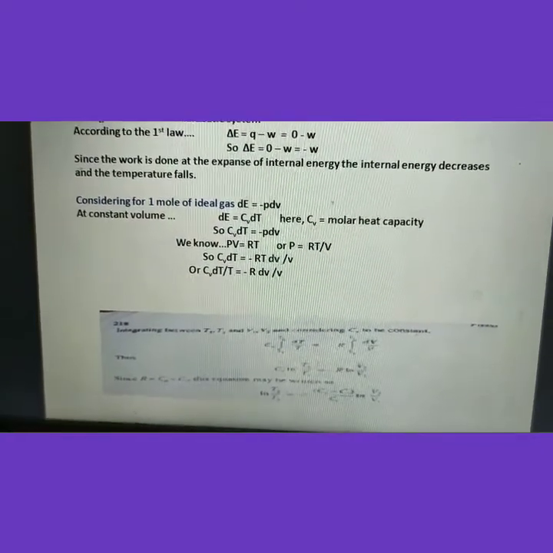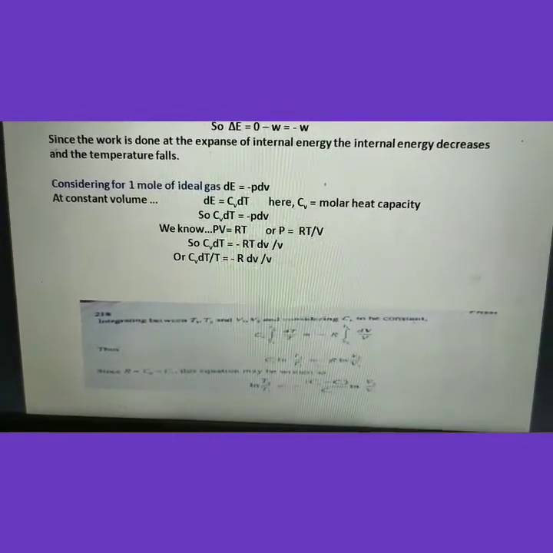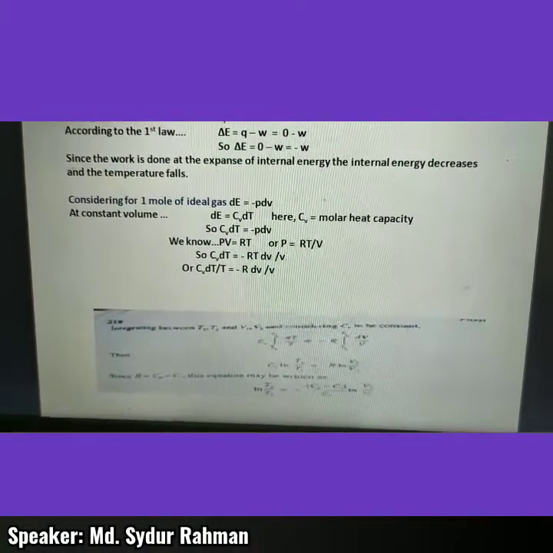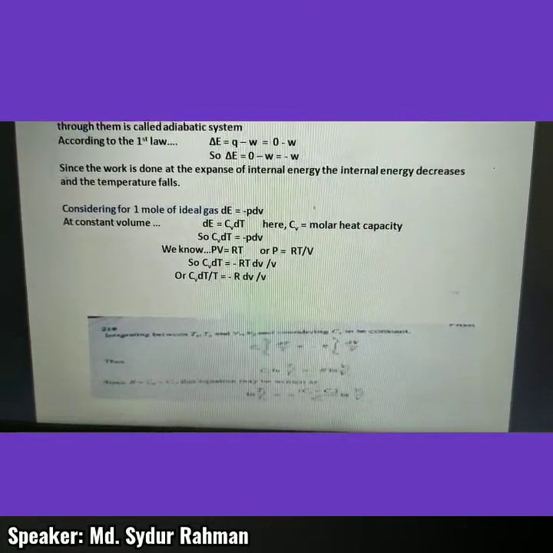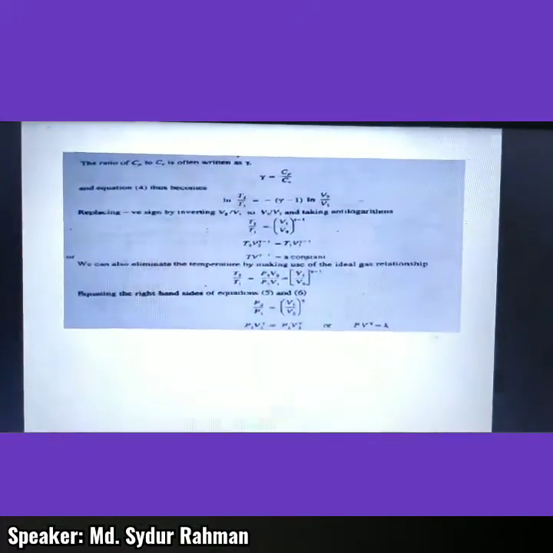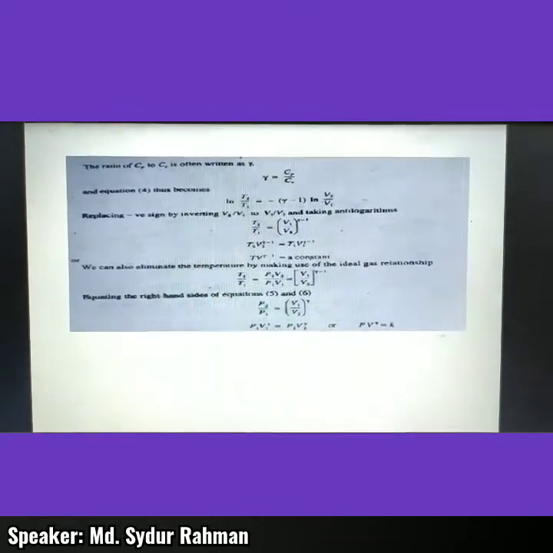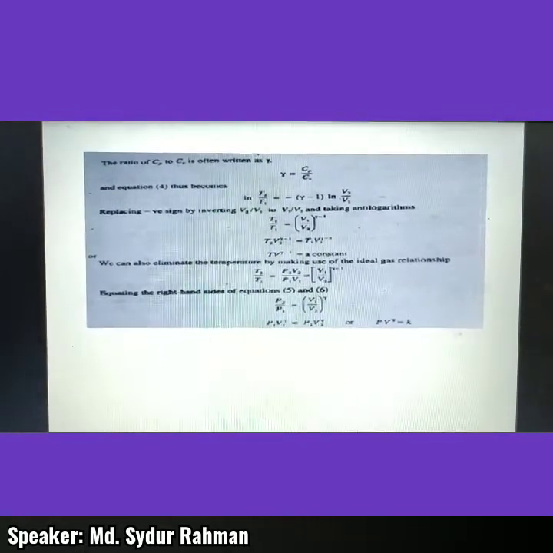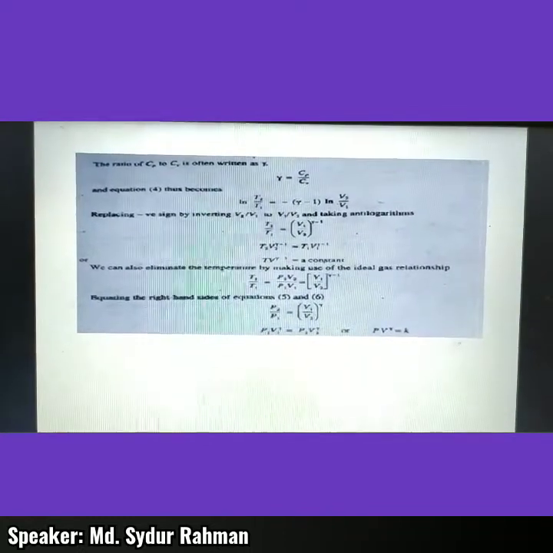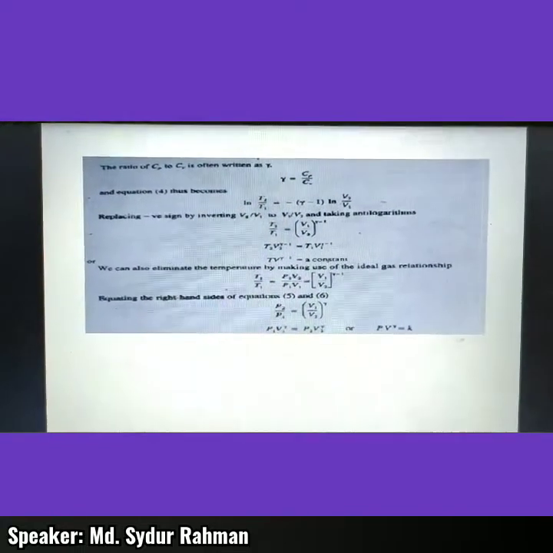Since R is equal to Cp minus Cv, the equation may be written as ln T2 by T1 is equal to minus (Cp minus Cv) by Cv times ln V2 by V1. But we know the ratio of Cp to Cv is often written as gamma. That is, gamma is equal to Cp by Cv. Thus the equation becomes ln T2 by T1 is equal to minus (gamma minus 1) ln V2 by V1.